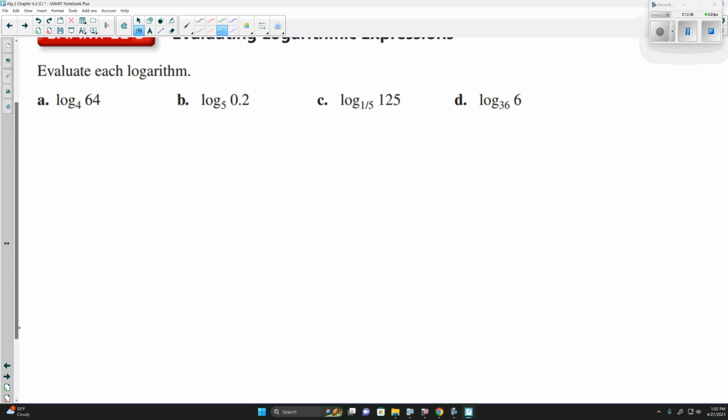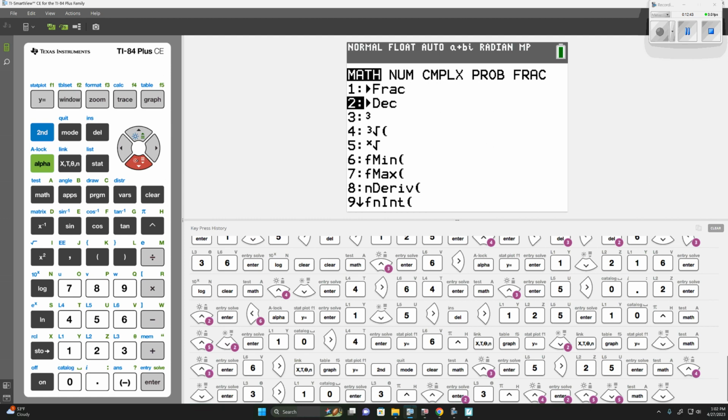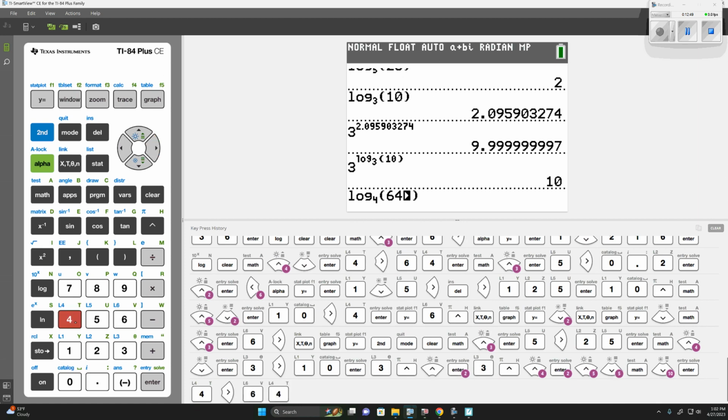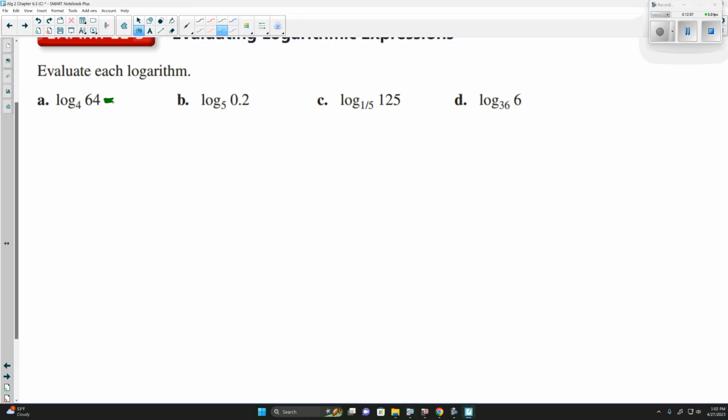Now, probably at this point, you've already plugged some of these in. For log base 4 of 64, we can grab the calculator, go math, and down to log base 4 of 64 is 3. There's a reason for this. Part of the reason is 64 is 4 to the 3rd.